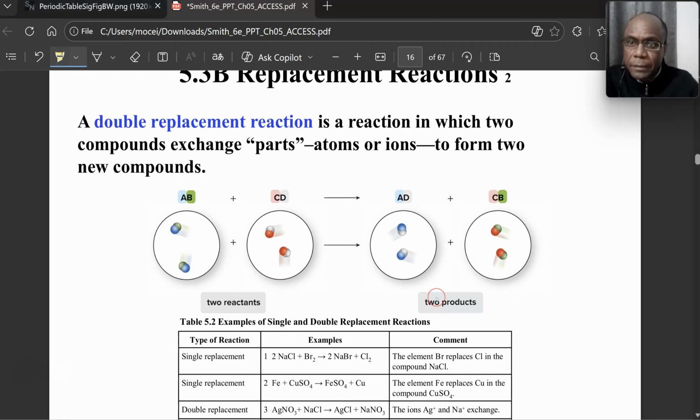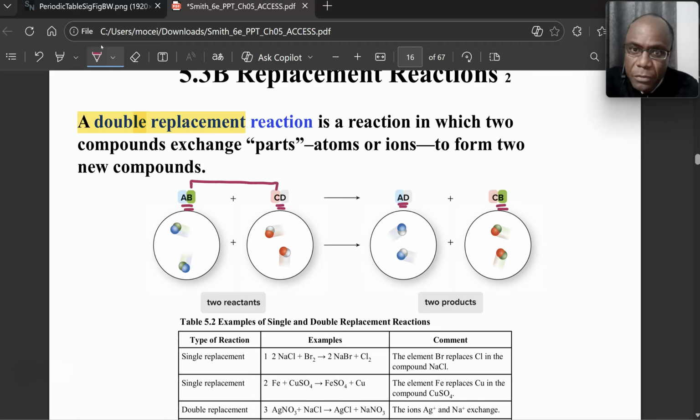Let us now explain double replacement or double displacement. Double replacement or double displacement is where there is exchange of spouses. So generally, if you have AB reacting with CD to give you AD plus CB, there must have been double exchange.